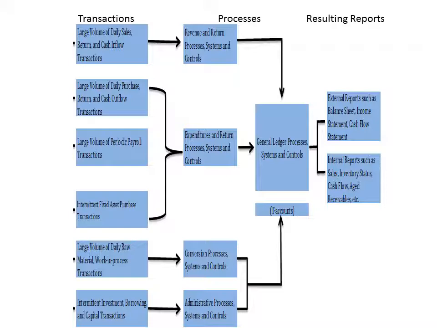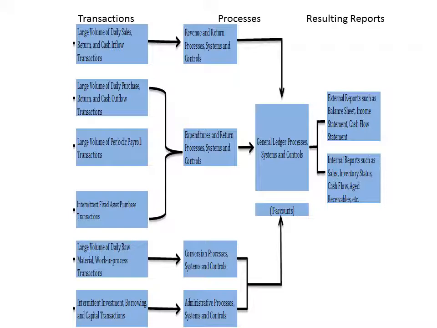Isa sa mga transaction na nandito is large volume of daily sales, return, and cash inflow transaction na kung saan ang tawag sa process na ito ay revenue and return processes, systems, and controls. Another type of transaction dito is the large volume of daily purchase, return, and cash outflow, periodic payroll, and intermittent fixed asset purchase transaction na kung saan ito ay under ng expenditure and return processes, systems, and control.